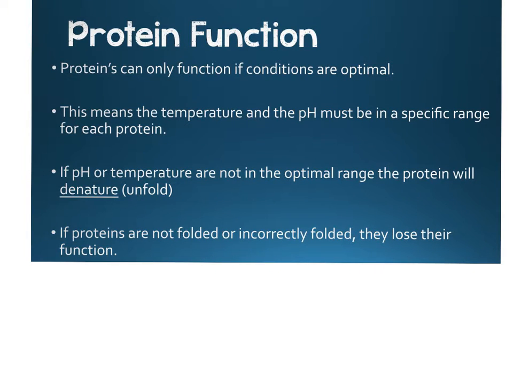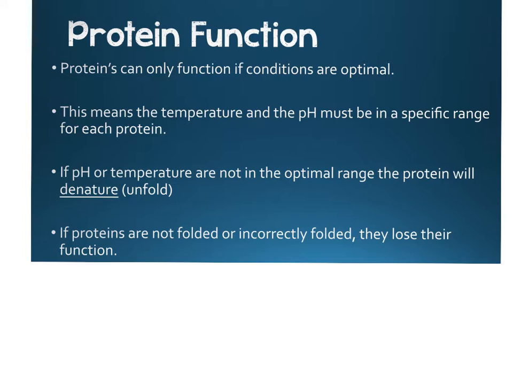Proteins are very temperamental. They only work in very specific situations, and that is where our pH comes back into play. Proteins can only do the jobs that they do if they are within their optimal, or best, range of temperature and pH.